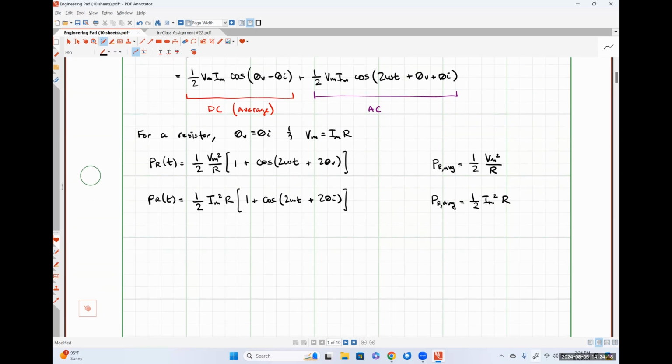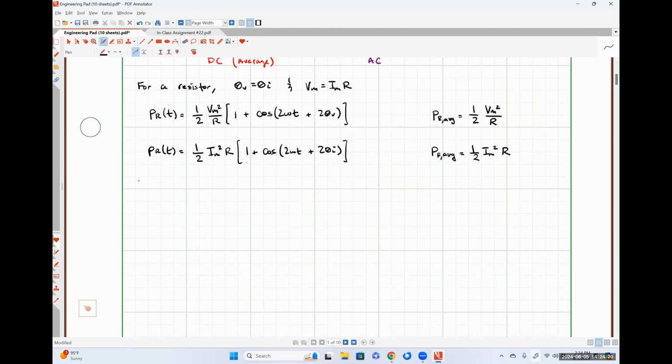Okay. Let's talk about an inductor. So in an inductor, we know that theta_V is equal to theta_I plus 90 degrees. So the voltage is always leading the current by 90 degrees.